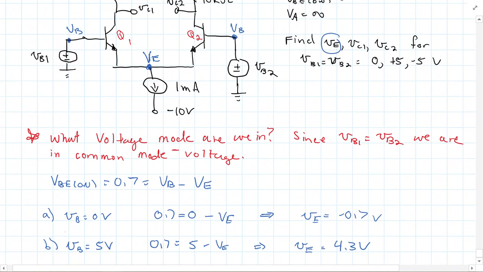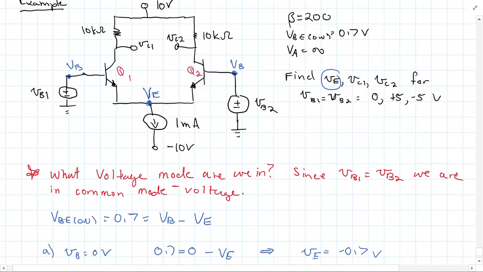Now, the only other thing we have to find is VC1 and VC2. Now, because this is in common mode voltage, we know that VC1 is going to be the same thing as VC2 because we're in common mode voltage. And so to get that, we would simply do the 10 minus the current coming through here, and we'll call this current IC.